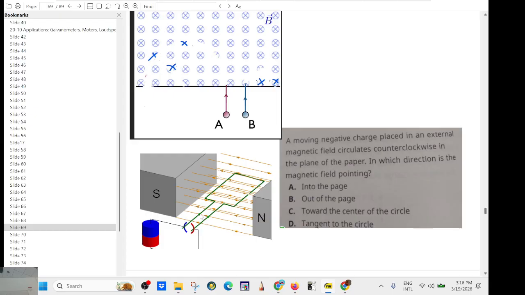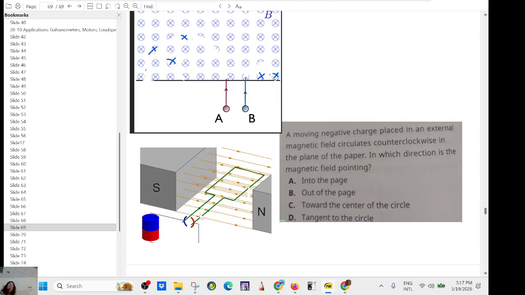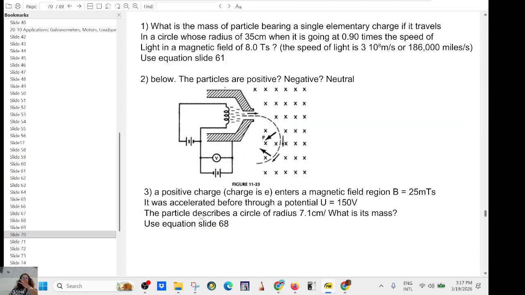So it wants to rotate to align itself with the magnetic field. That way you know if it's clockwise or counterclockwise. Okay, so it's number 1. Try number 1.